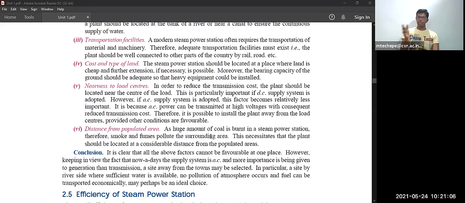So in a week they may give only 4 shifts instead of 6 or 7 shifts. Very minimal hours only they may work. And also smoke and fumes. If you go to the thermal power plant, there will be a display board in front of the gate.